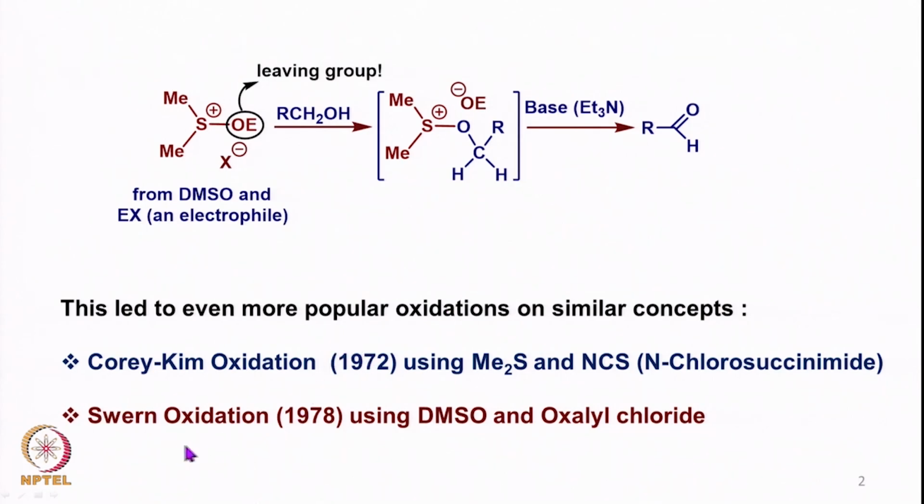And then Swern oxidation, which is a very popular oxidation. It was reported in 1978, where Swern used DMSO and oxalyl chloride to activate DMSO and leads to the same kind of intermediate and similar type of oxidation. But of course, this is more popular for reasons that I will discuss today.